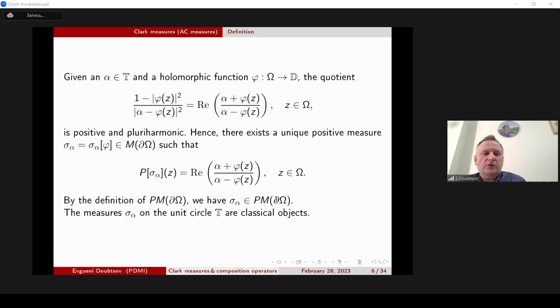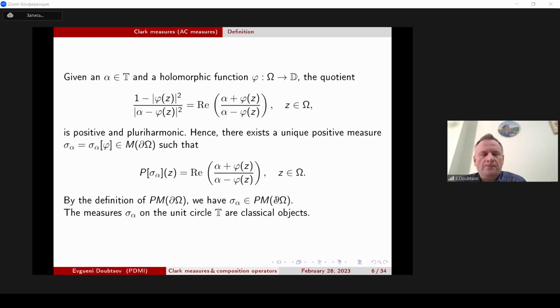Well, these measures sigma alpha, as I already said before, once they are defined on the unit circle, were introduced basically by Clark in 1972, but also at least several well-known mathematicians have been working on these objects essentially at the same time. Also, in particular, Donald Sarason has obtained a number of results on these measures.